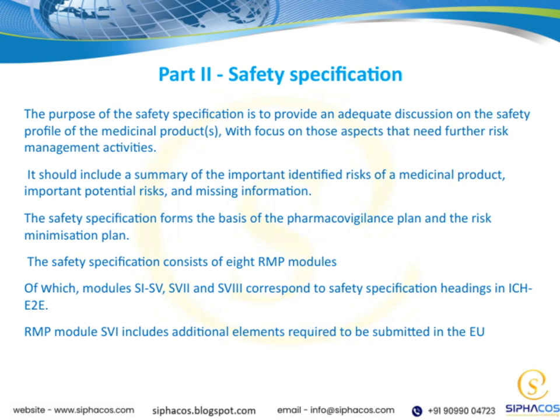Additionally, Module SVI includes extra elements that are specifically required for submission within the European Union, making sure we're meeting regional expectations. So, in summary, the safety specification is a crucial component that helps us identify, communicate, and manage the safety profile of our medicinal product, ensuring patient safety remains at the forefront throughout its development and use.